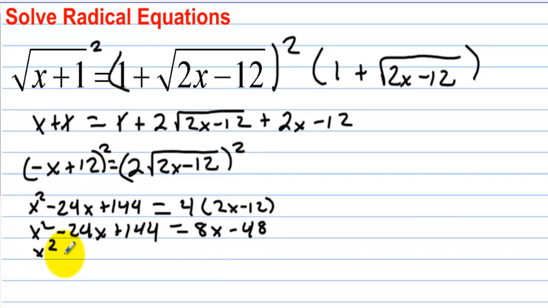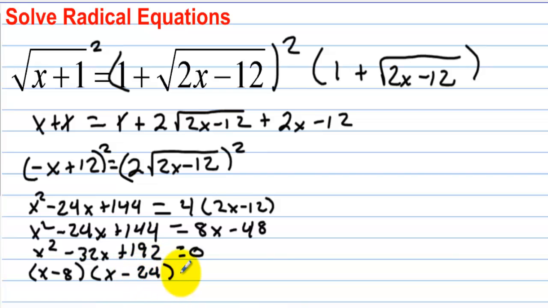Now we have x squared minus 32x plus 192 is equal to 0. The factors of 192 that add up to 32 are negative 8 and negative 24. So x equals 8 or x equals 24.